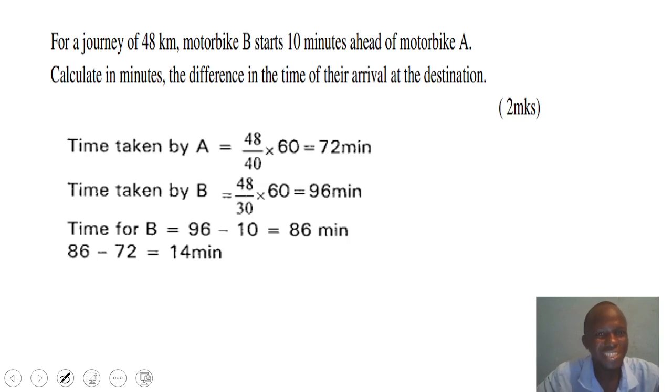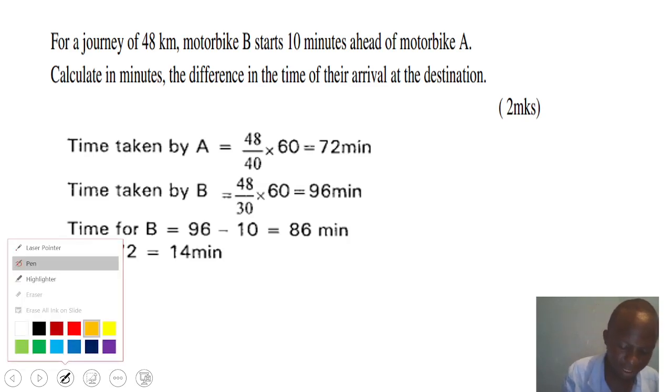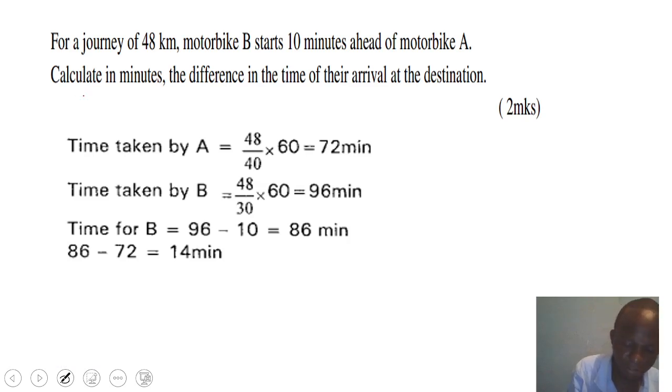Calculate in minutes, so we have to note that in minutes. The difference in their time of arrival at their destination. So motorbike B starts 10 minutes ahead, so it is ahead of time by 10 minutes.